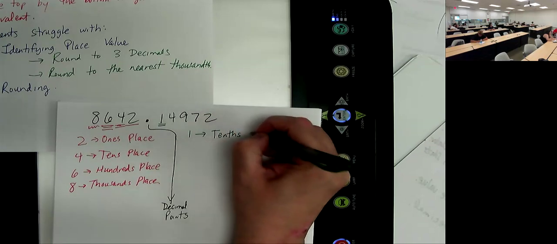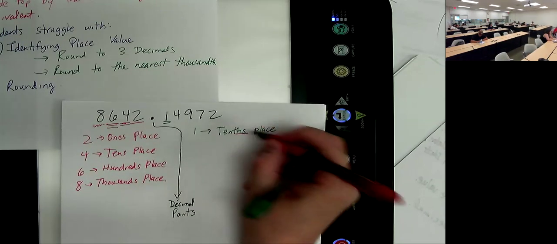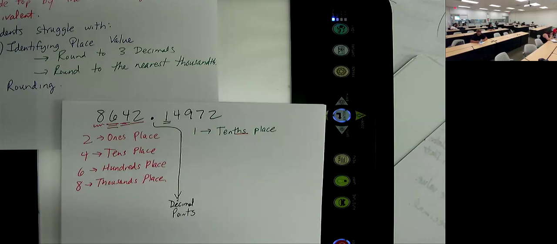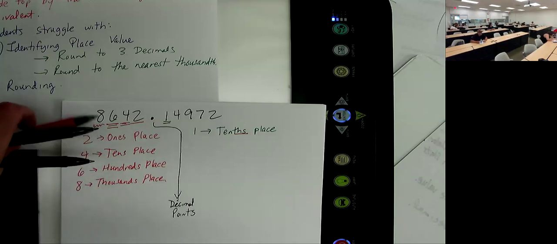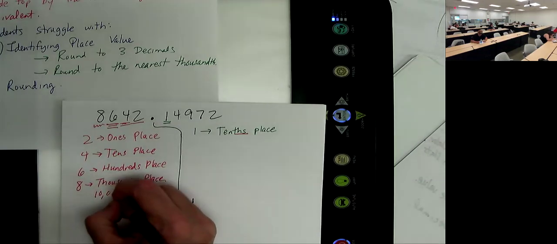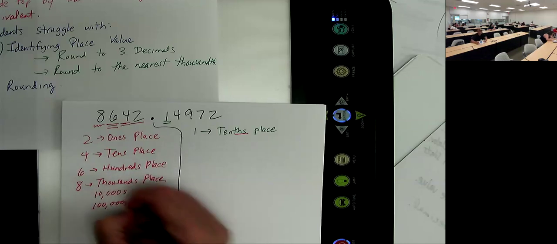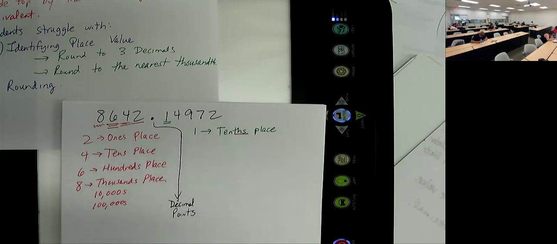And when we're in a decimal, it adds on a "ths" after the word, and it starts basically one further in the other direction. So if I kept going, there would be ten-thousandths place, hundred-thousandths place.